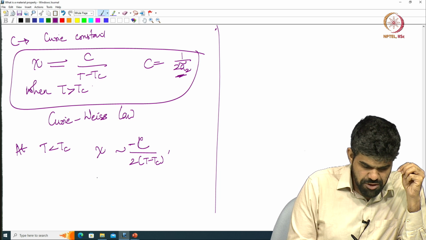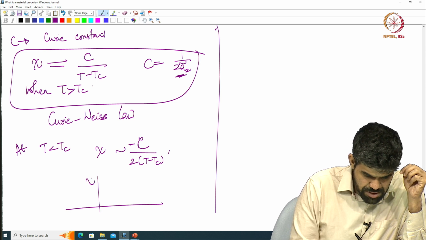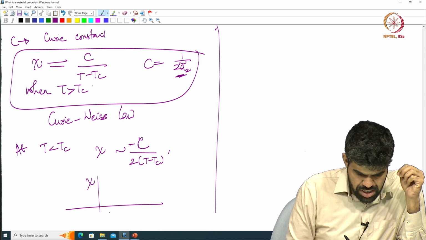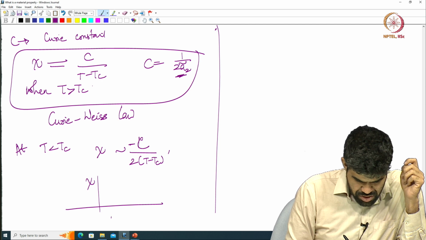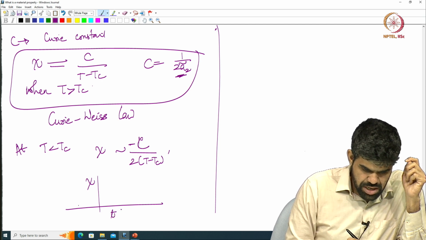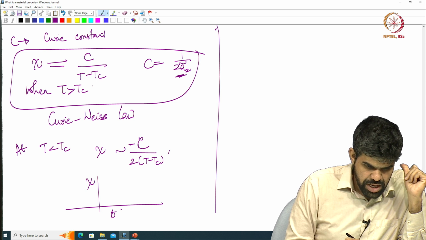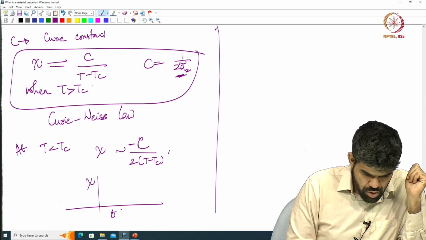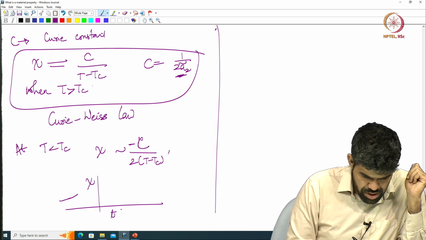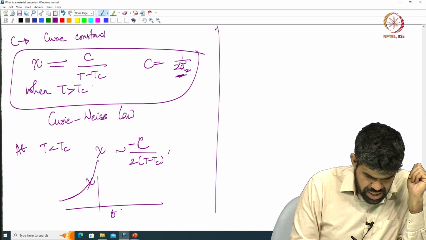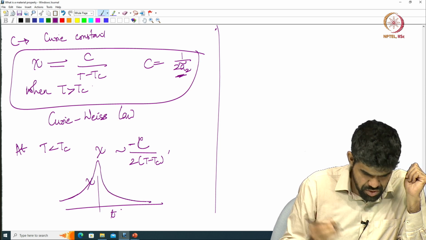So, if I am plotting susceptibility as a function of T minus Tc or T, for T less than Tc it goes to infinity slightly slower, and for T greater than Tc it drops down faster.